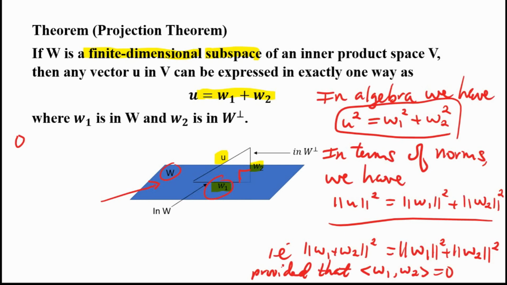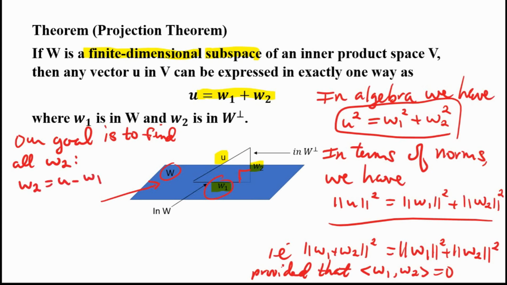Our goal is to find all W sub 2's because they're in the orthogonal complement. So we have that W sub 2 is equal to U minus W sub 1.